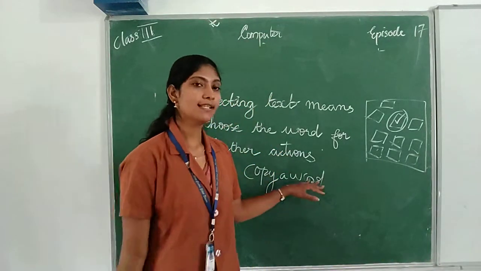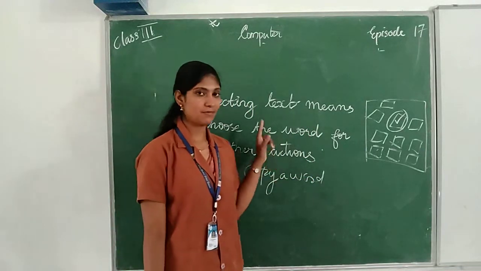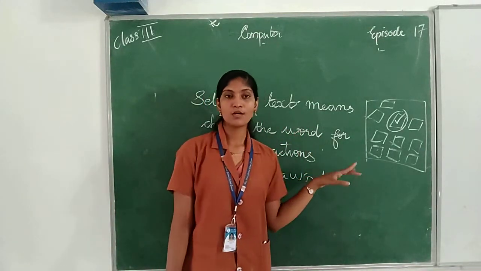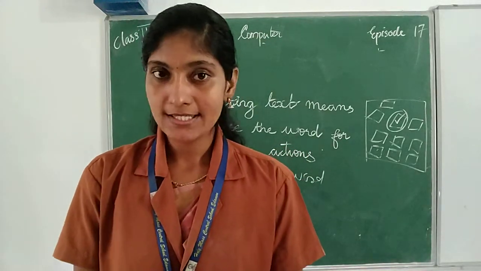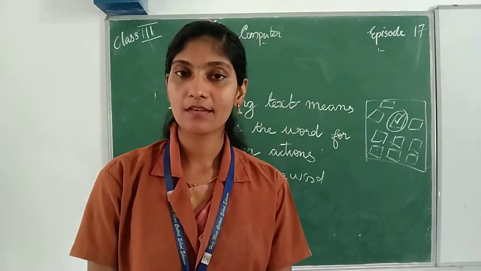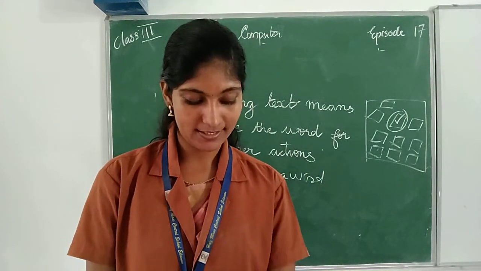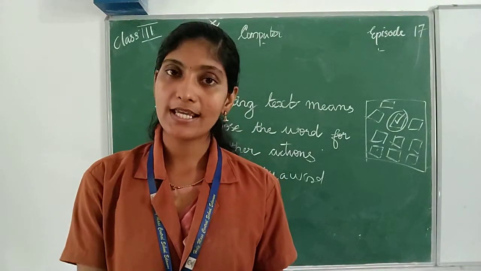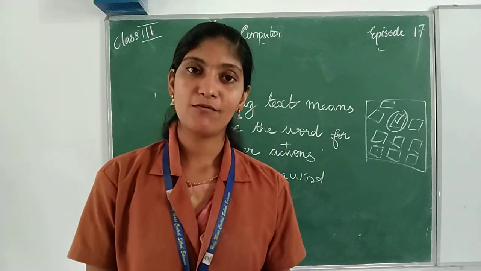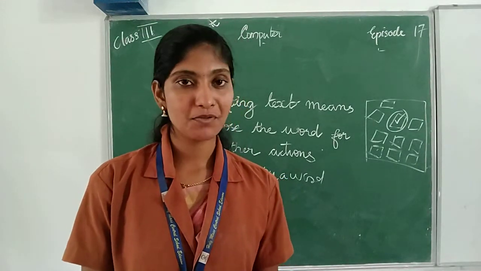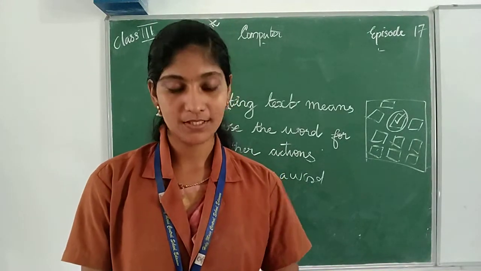So when we select the word, the computer knows that an action is going to happen. That is the second point. So first point, to work on a word, first you need to select it, and second, after selecting, the computer knows the action you performed on that particular word.